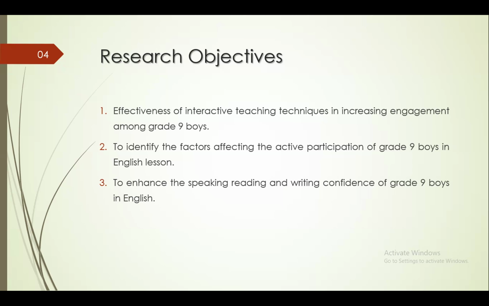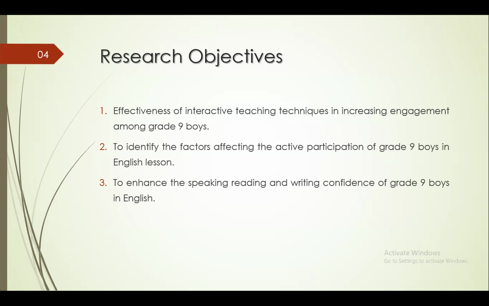Then your question, you can use the question: how to increase the student engagement in lessons effectively? The same objective should be converted to a question.